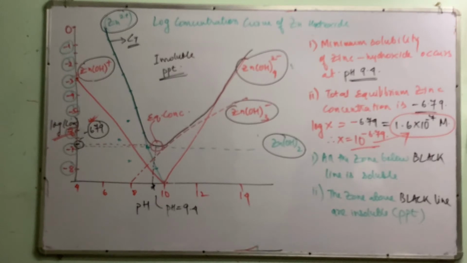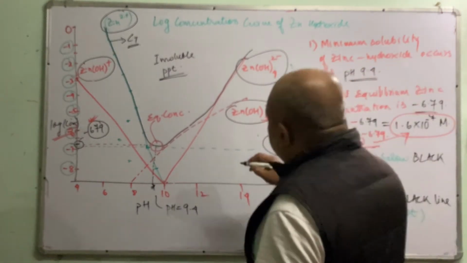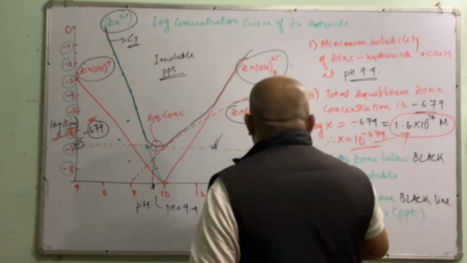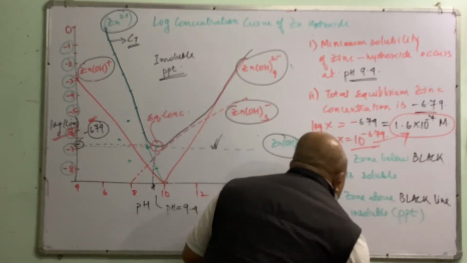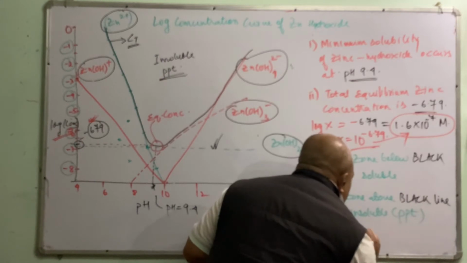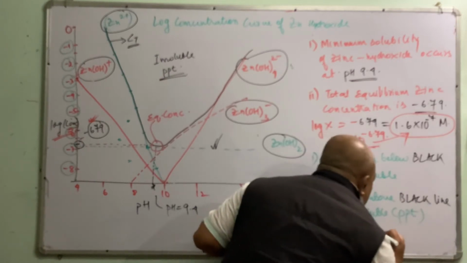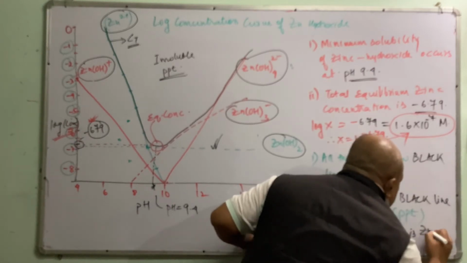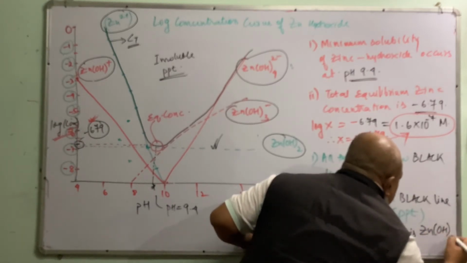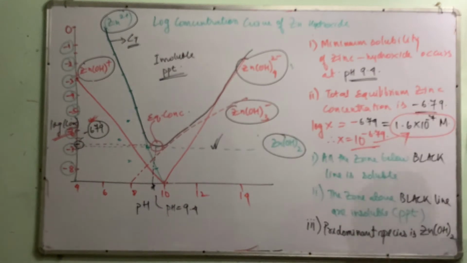And you can say from here also that the predominant species at this point is ZnOH2. ZnOH2 is the predominant species. Okay.